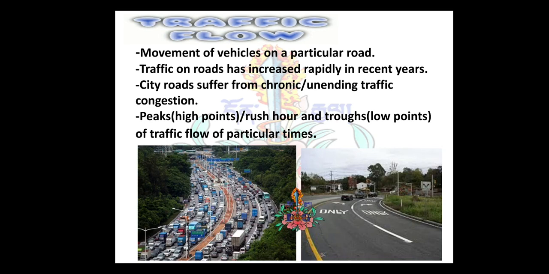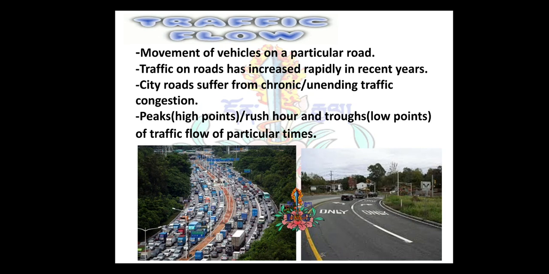In the left side image we have more movement of vehicles. Because of that it has more traffic as compared to the image on the right side. Traffic on the road has increased rapidly in recent years.